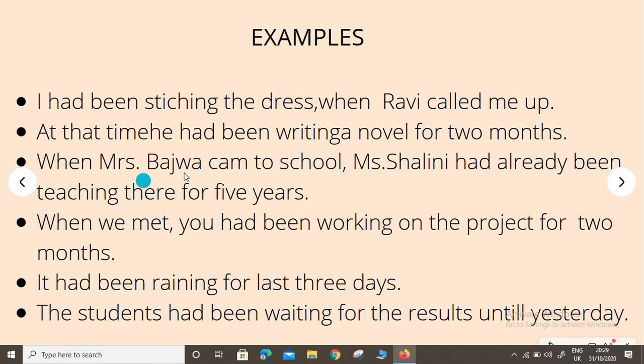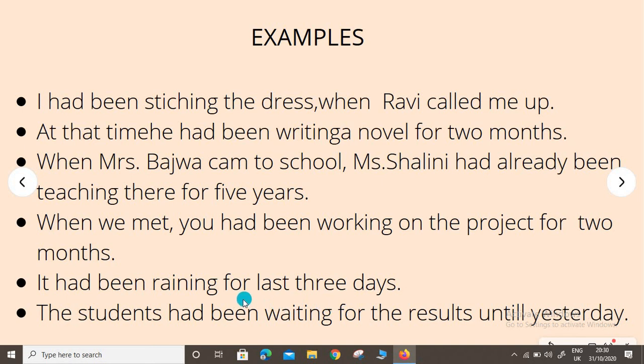Fine. So, in one sentence, you can find simple past tense, and in the other sentence you would find past perfect continuous tense. When we met, you had been working on the project for 2 months. It had been raining for the last 3 days.